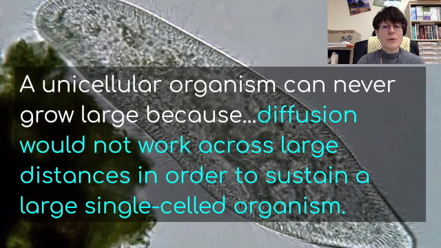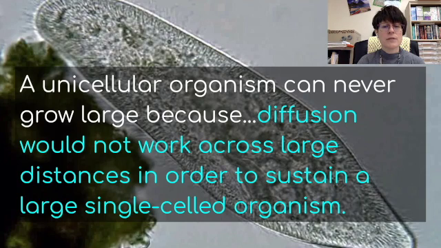A unicellular organism can never grow large because diffusion would not work across large distances in order to sustain a large single-celled organism. That's why all these single-celled organisms we will look at are under a microscope. They are microscopic because diffusion just is very inefficient for the transportation of materials.